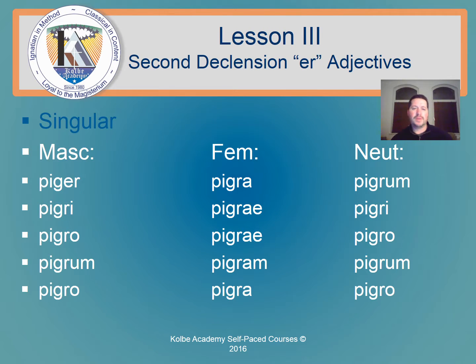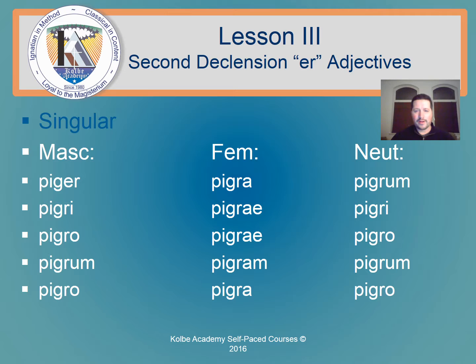Okay, I chose piger, pigra, pigrum. And as I was saying before, when you see these listed in dictionaries, you're going to just see the nominative singulars of the three genders, and then you have to, from this, figure out the stem, rather than getting it handed to you by getting the genitive singular.